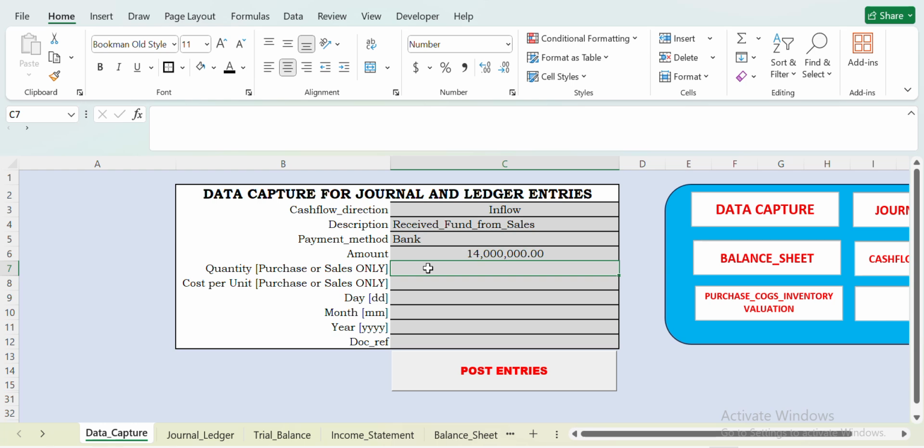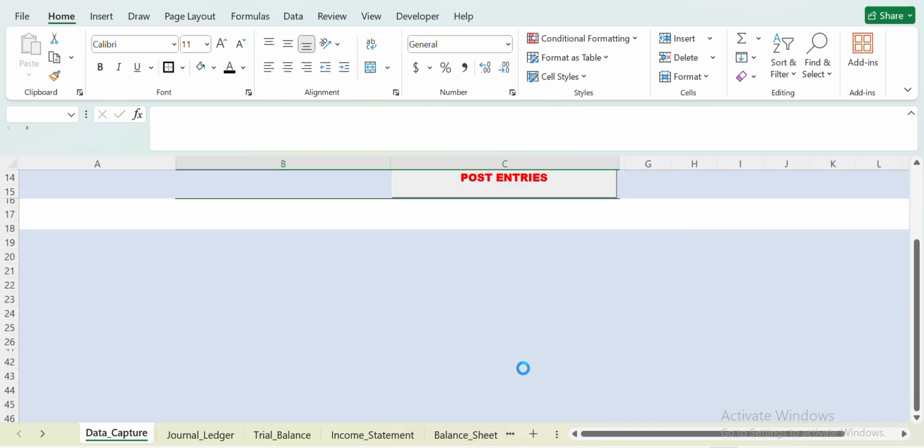Quantity sold was 70,000, and the selling price per unit is 200 naira. Let's assume this took place on 10th of January 2026. So click on post.